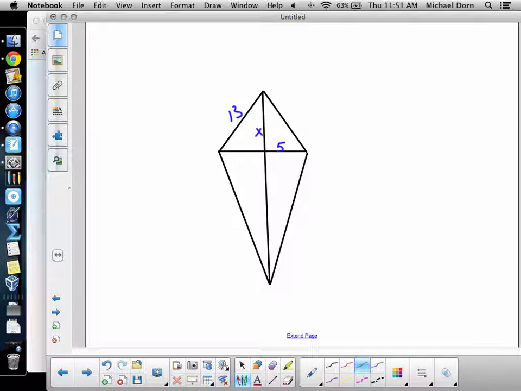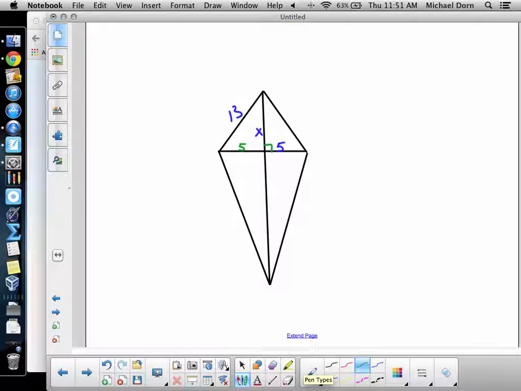Now, what do we know is special about the diagonals of a kite? They have to be perpendicular, which means that this forms a right triangle. Problem is, I don't have the measurements in the right place, but I know that one diagonal bisects the other one. Clearly, this one is not being bisected. Those two parts are not equal. So these two have to be equal. That's the 5.